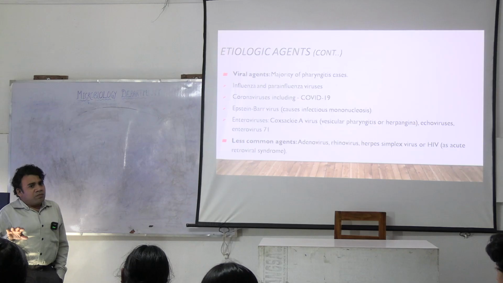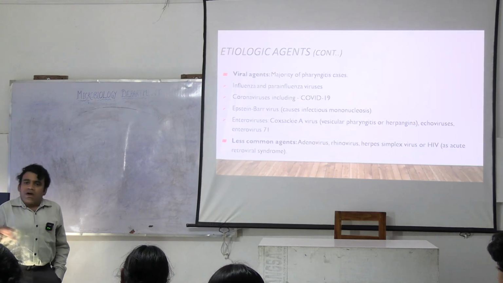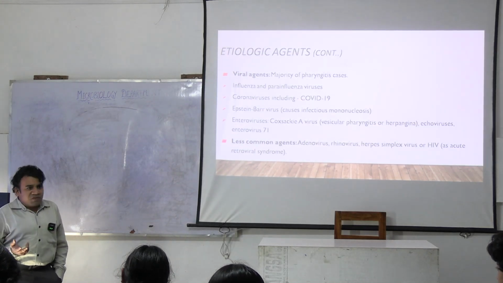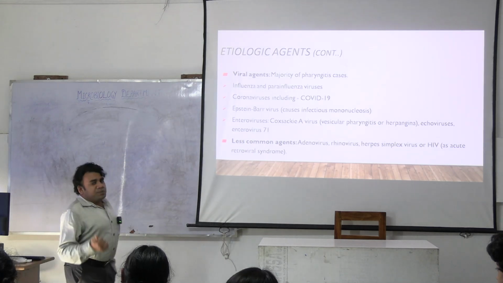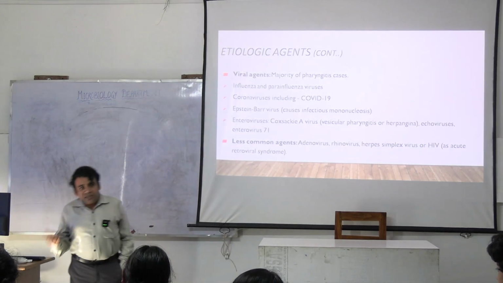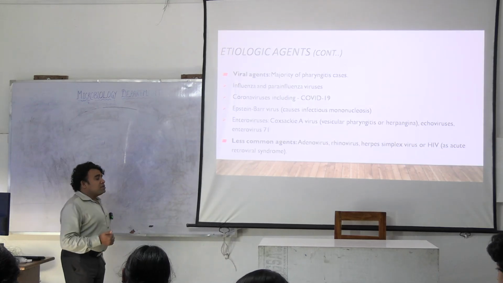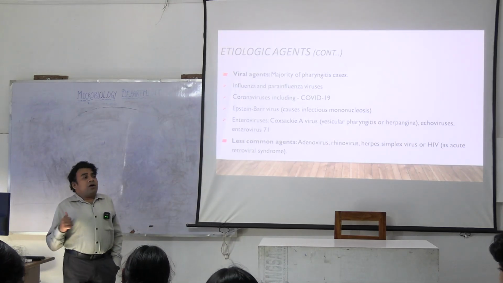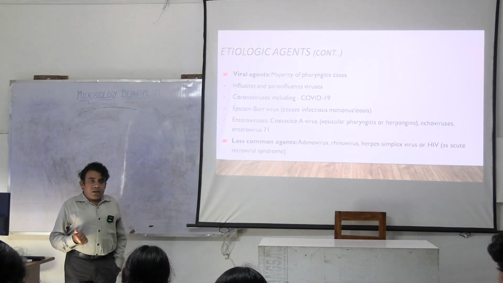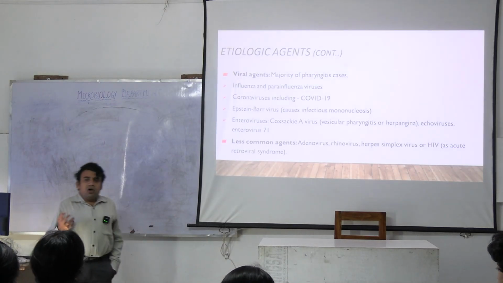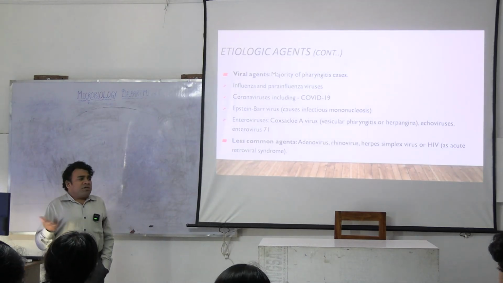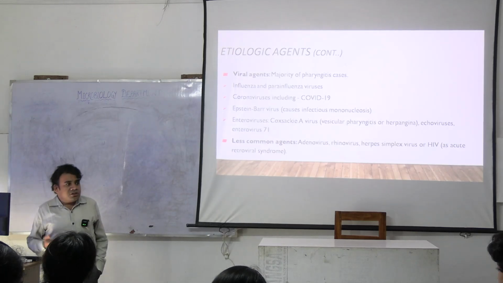The mucous membrane will get damaged. Any organism present there can now cause infection. This is the reason why pharyngitis is very common, especially in the early winters, spring, during the rainy season, and even in very hot, dry weather.